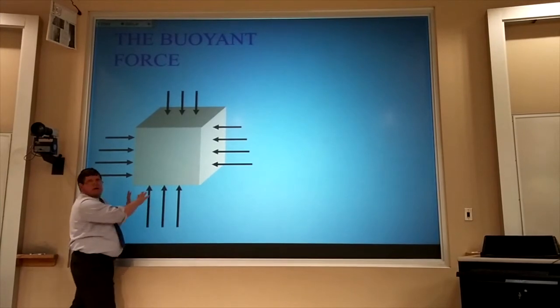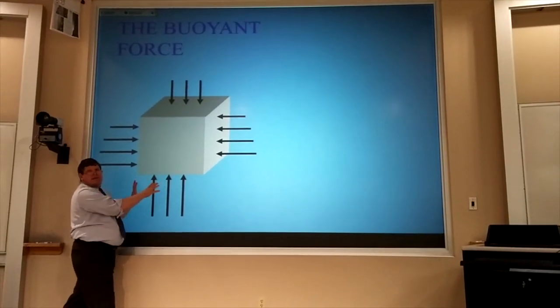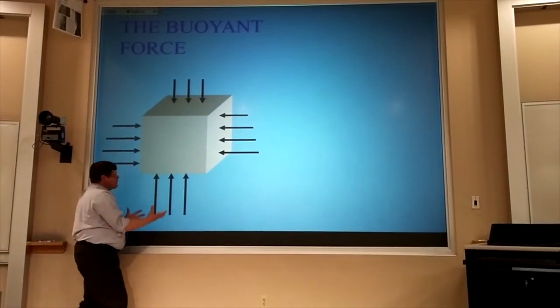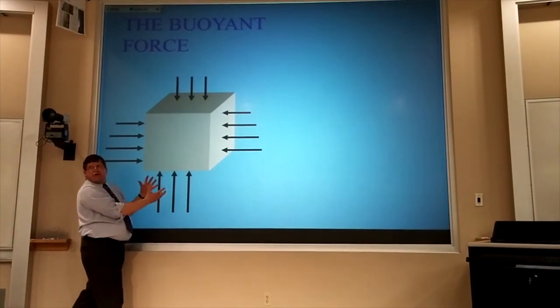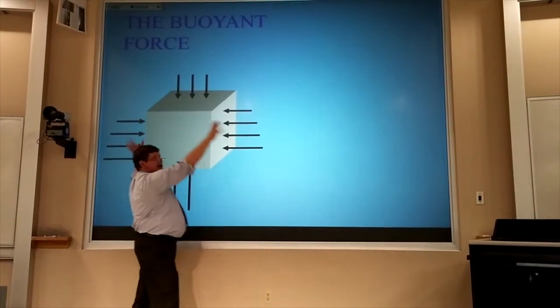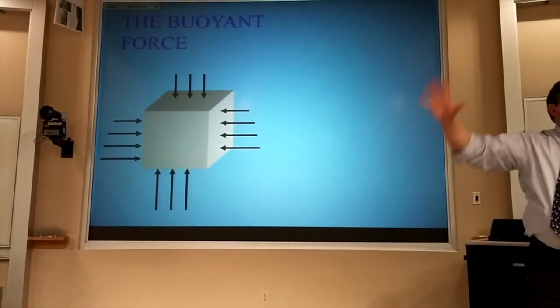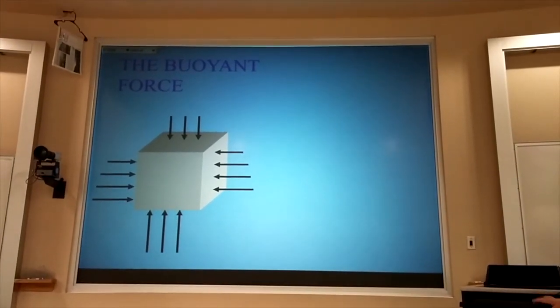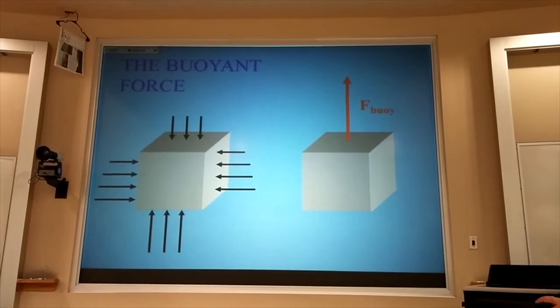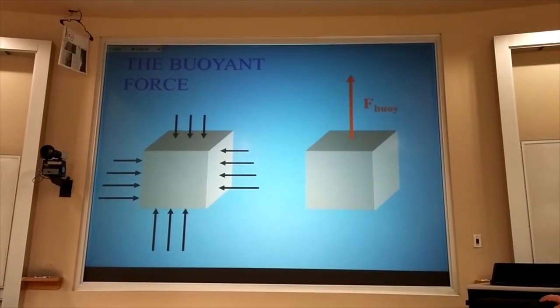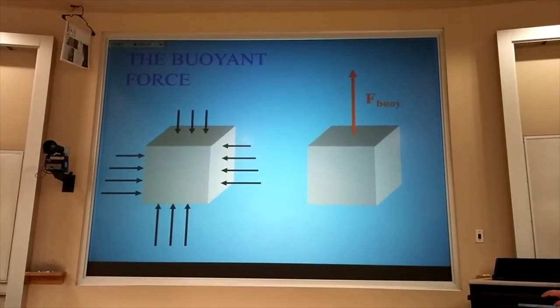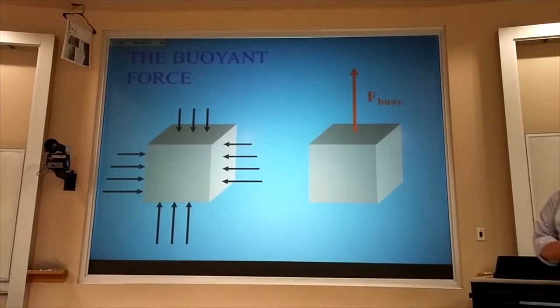Because the bottom of my boulder is always going to be deeper in the water, it's always going to have a bigger push. And so that means I can add up all of these pushes by the water. I can sum them all together into one force that always points towards the surface of the lake. We call it the buoyant force.